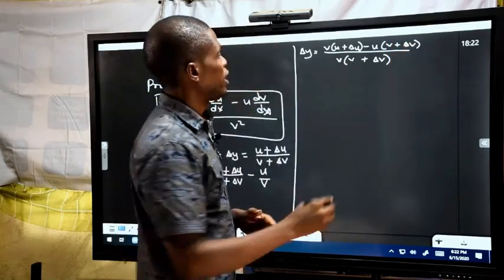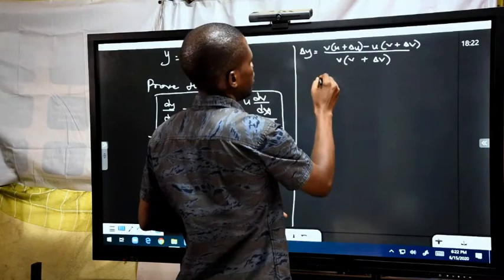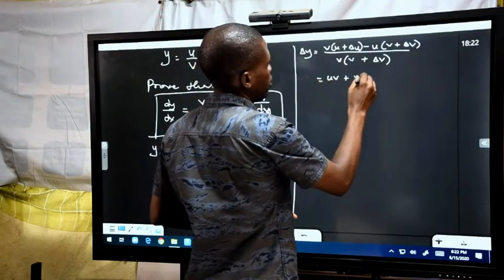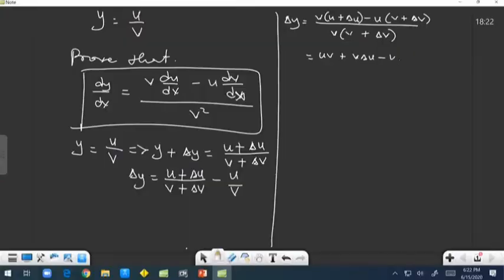When we simplify this further, we can open the brackets. We have uv plus v delta u minus uv minus u delta v. So uv and uv cancel out. Remember that we have v in bracket v plus delta v. So the expression changes to v delta u minus u delta v over v in bracket v plus delta v.